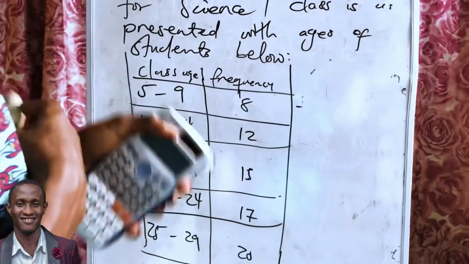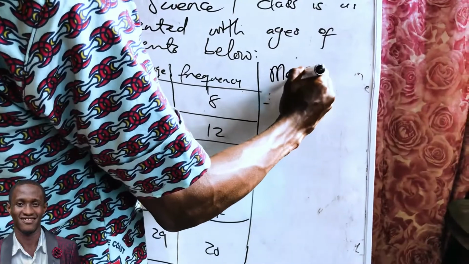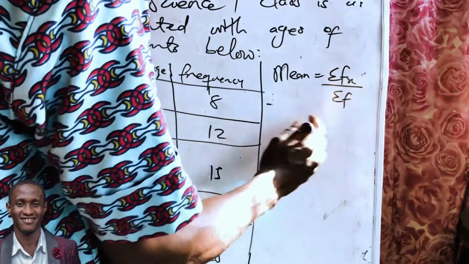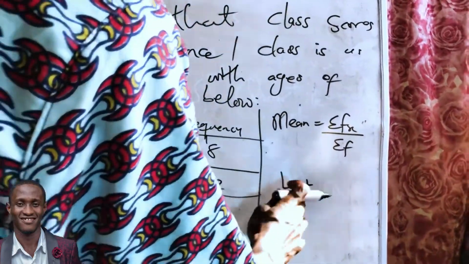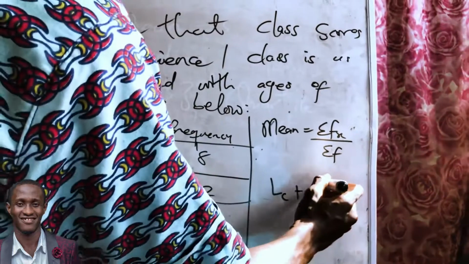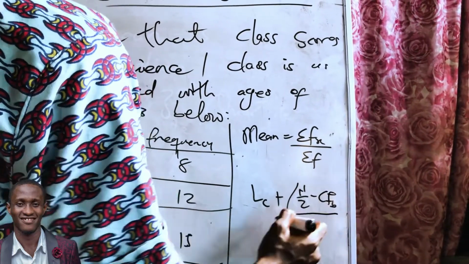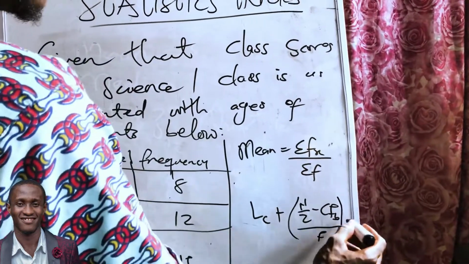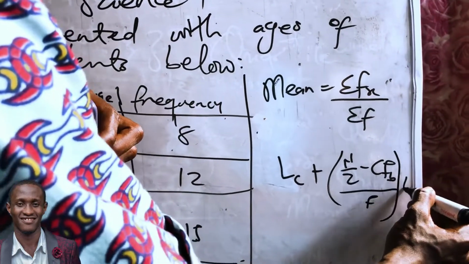Now, with what they've asked us, this is the grouped data. The mean formula is sigma fx over sigma f. The median formula is the lower class boundary of the median class, plus n over 2 minus the cumulative frequency just before the median class, divided by the frequency of the median class, times the interval, so let's say times b.